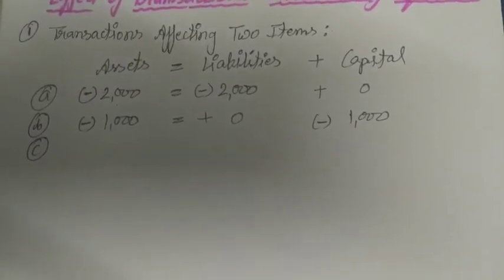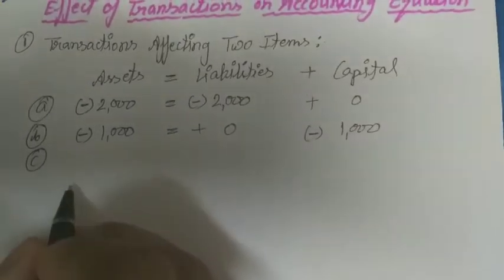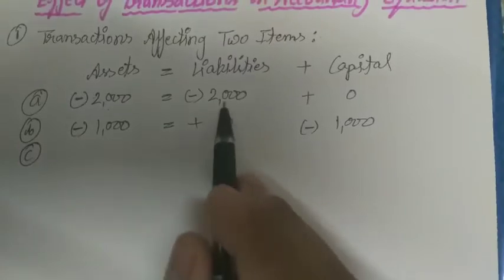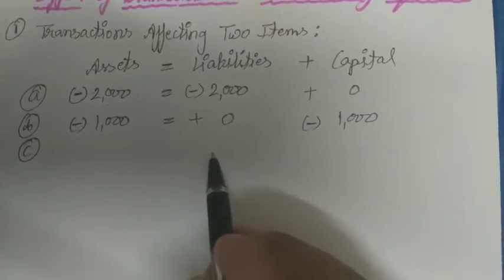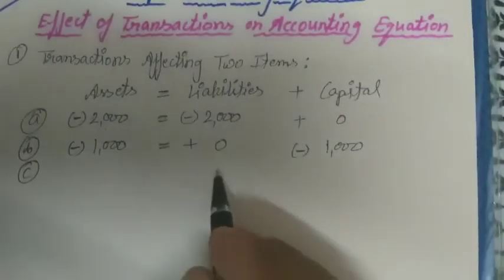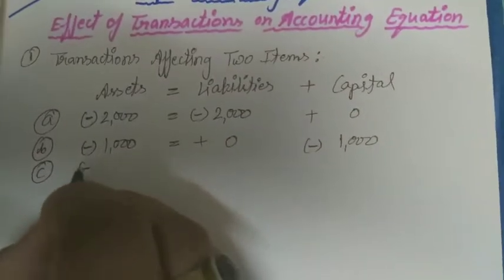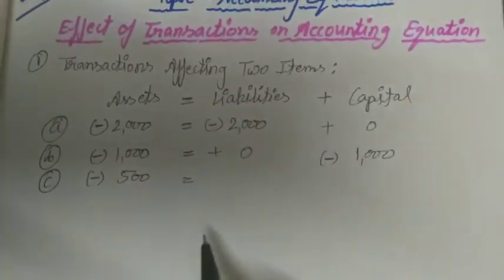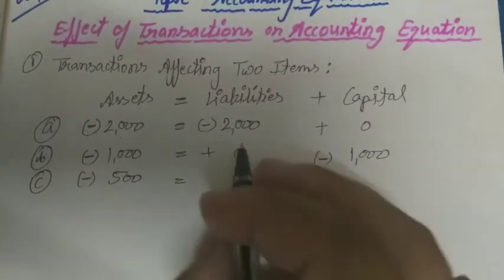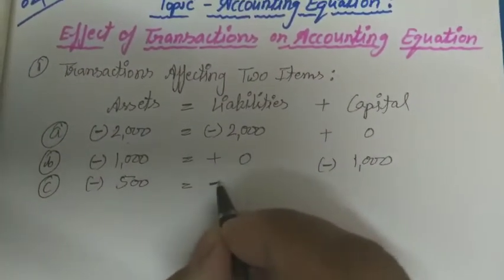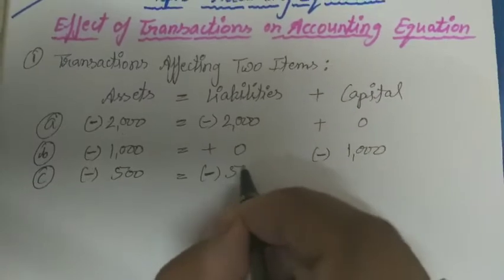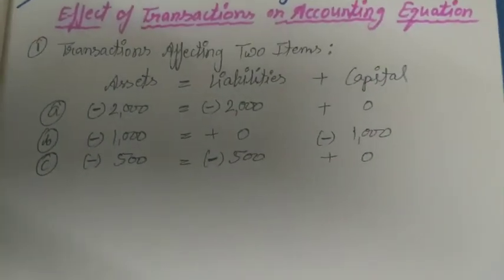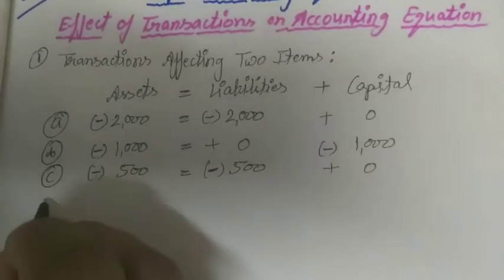If outstanding expenses are paid, cash is going out, 500 rupees, and the outstanding expenses liability will reduce. No effect on capital.